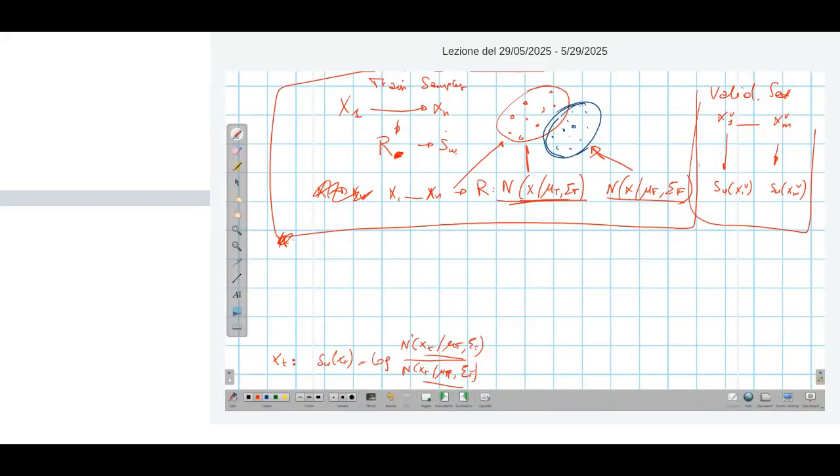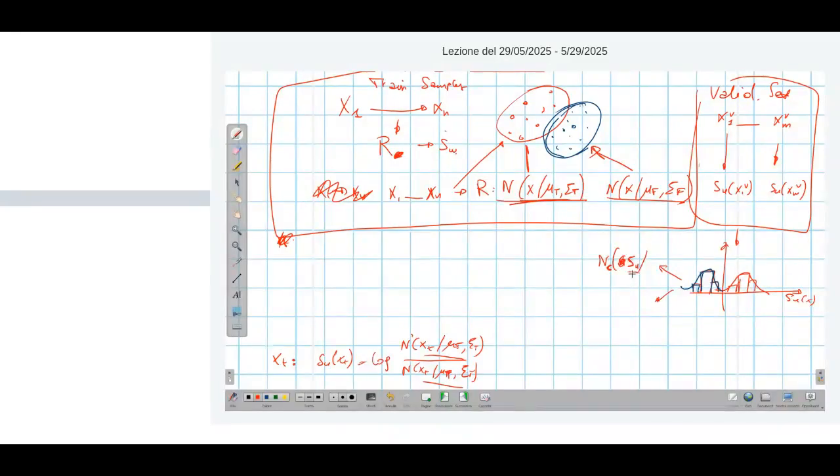Then we take our validation set, we compute the uncalibrated scores, and we create a model for the two classes, using the two colors. This is the score axis. We create a new model that consists again of two classes, two Gaussians in this case. Let's call it N with subscript C, because it's a calibration of a score that is uncalibrated.